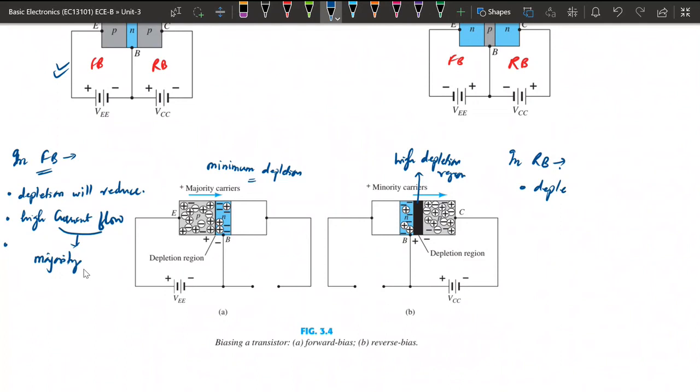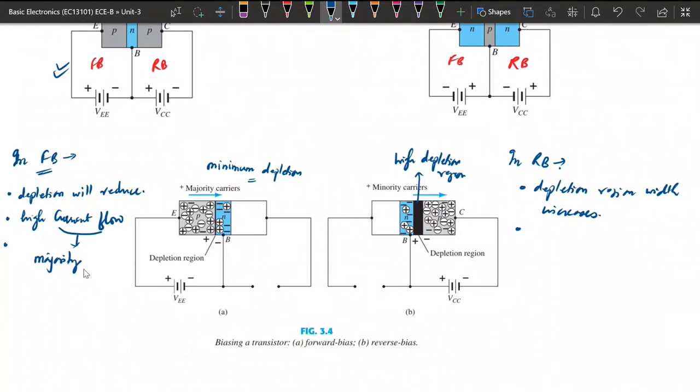So we can note it down. Depletion region width will increase. In that case, there will be no current flow because the majority carriers will not be able to cross this junction, because in case of reverse bias, there is a high depletion region.